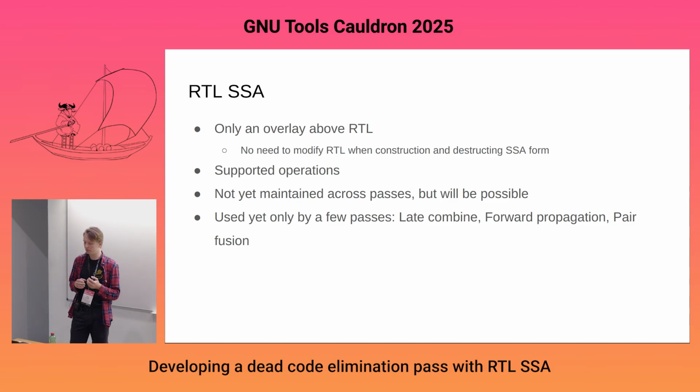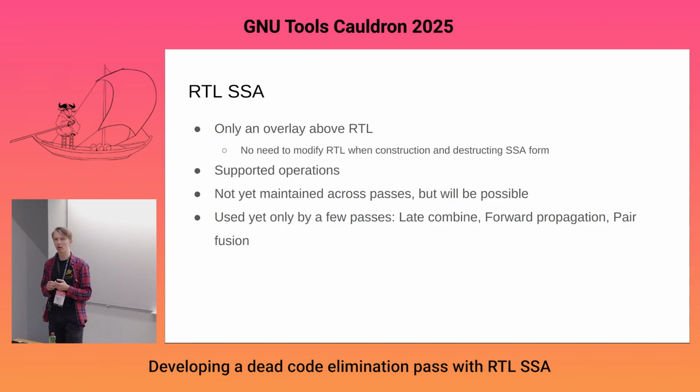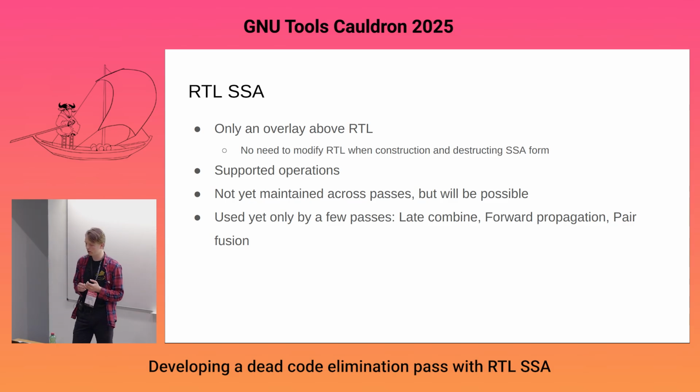There are a few optimization passes, for example, late combine, forward propagation, or pair fusion. However, it doesn't make sense yet to maintain it across passes, because the passes I have just mentioned are spread across passes that use the data flow framework.